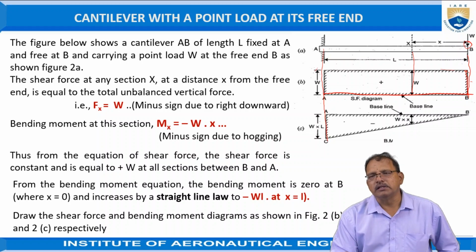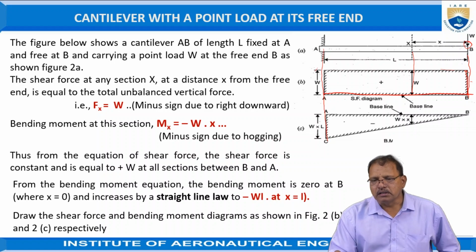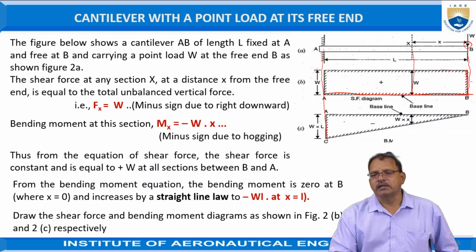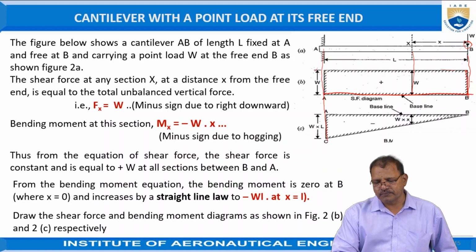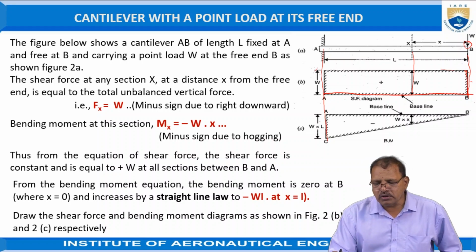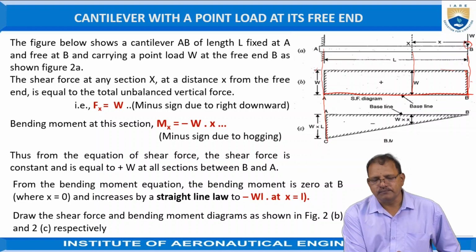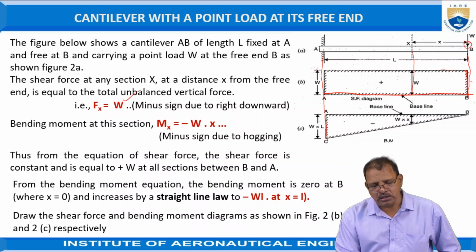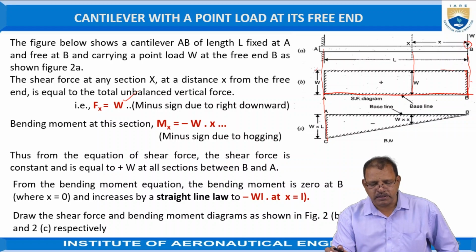The length represents the length of the beam, and the breadth represents the shear force acting on the beam. It remains constant over its entire length. So here, Fx is equal to the unbalanced force, which is equal to W. At x equal to 0 it remains constant, at X it remains constant, and at A also it remains constant.